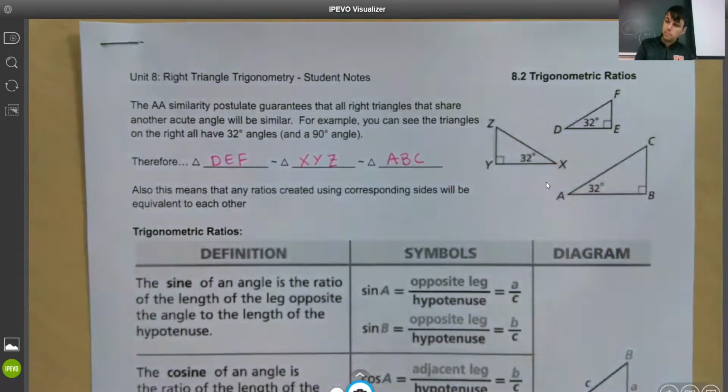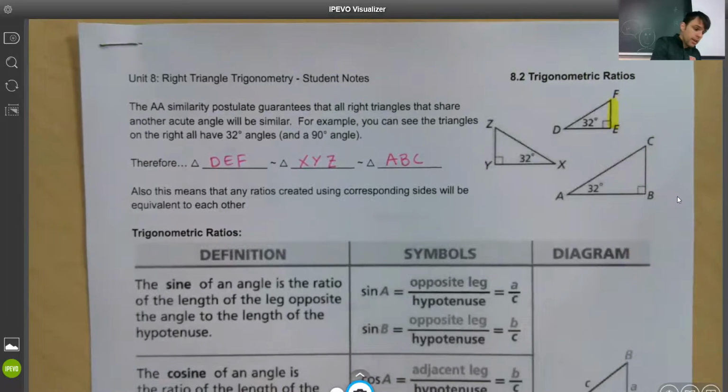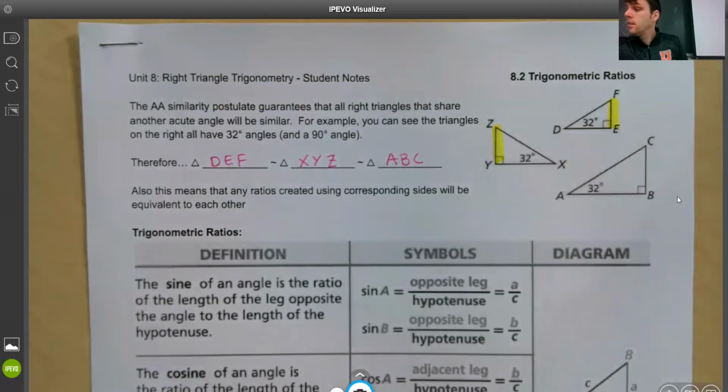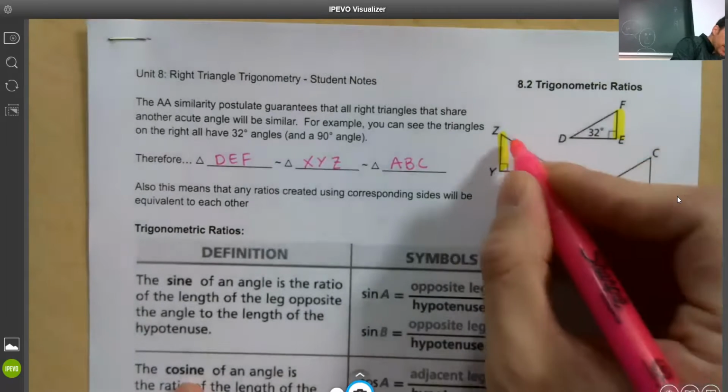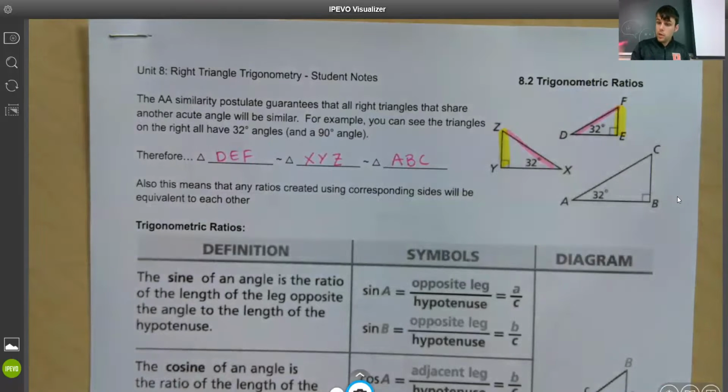And similarity allows us to know that any ratios that we create using corresponding sides will have to be equivalent. That's the main idea of similarity that we spent last unit talking about. So for instance, if we pick two sides in one of these triangles, this side, the opposite side, the side that's going to be across from an angle, and one other one, if we write ratios of these sides, they will be equivalent.